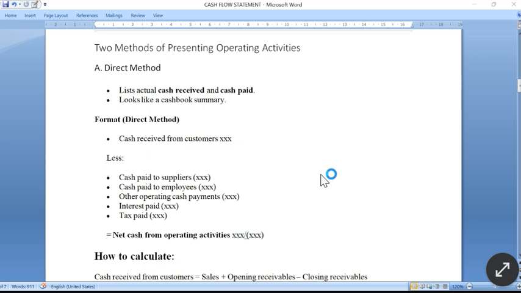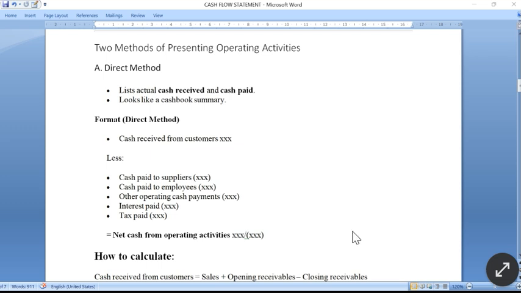So in other words, your cash received from customers is sales plus net receivables. And what is your net receivables? Your opening receivables minus your closing receivables. Is that taken? Thank you. I know you understand that.